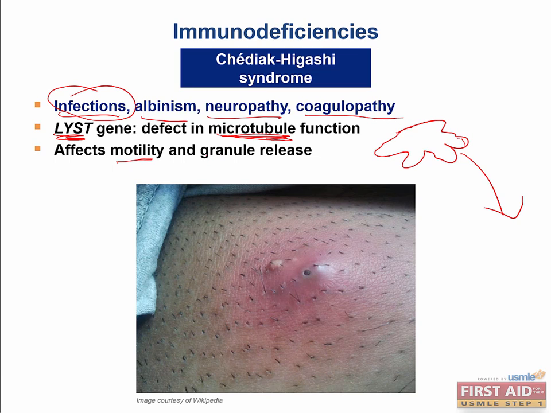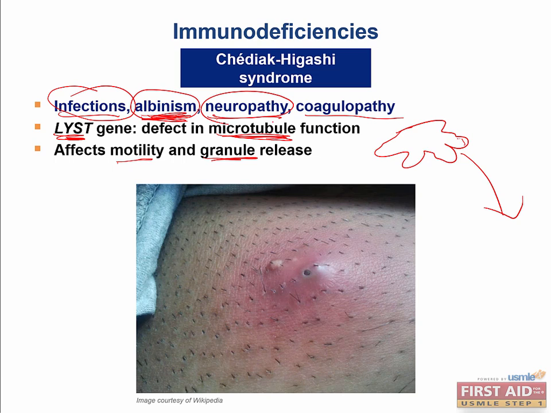Additionally, microtubules assist with deposition of granules into cells. So any cell that depends on and uses granules will be affected. And that includes melanocytes. If you think of them transferring melanosomes to keratinocytes, that involves microtubules. So they will be pale without the melanosomes because they have no pigment in their skin.